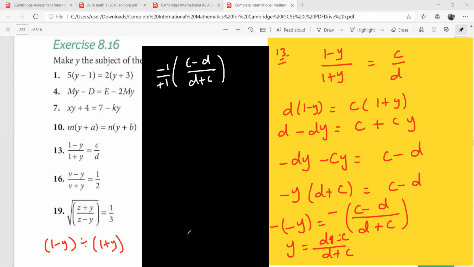This minus 1 is same as minus 1 over plus 1. So I want to change the sign of these, okay? So I'll multiply minus 1 with the numerator. So minus 1 into c is going to be minus c, and minus 1 into minus d would make it d. So it's d minus c over d plus c. That is why you have your y like this, d minus c over d plus c. Is it clear to you?